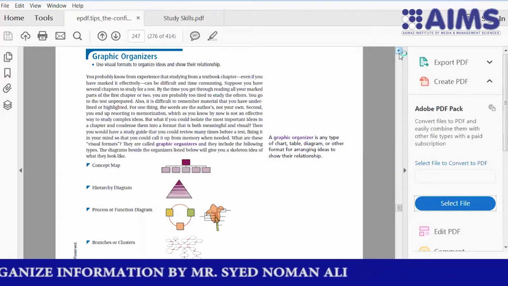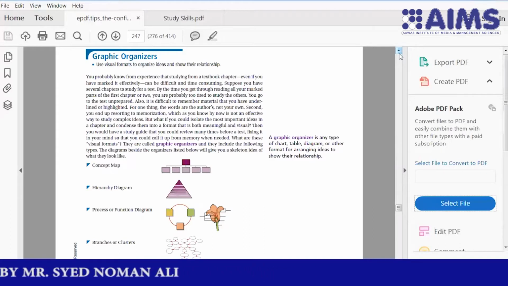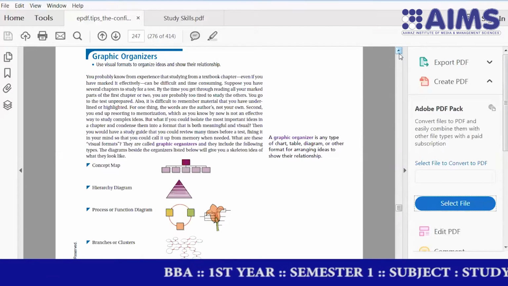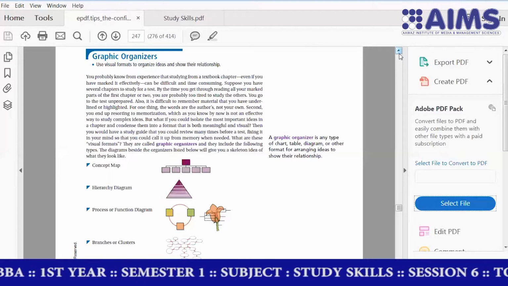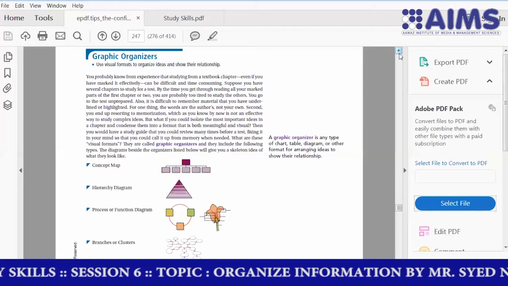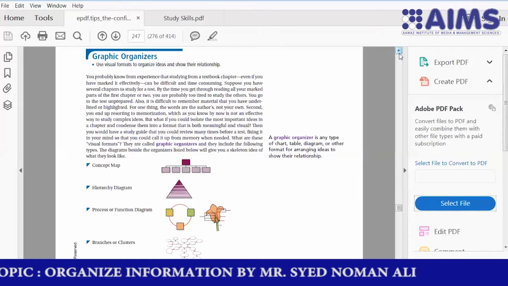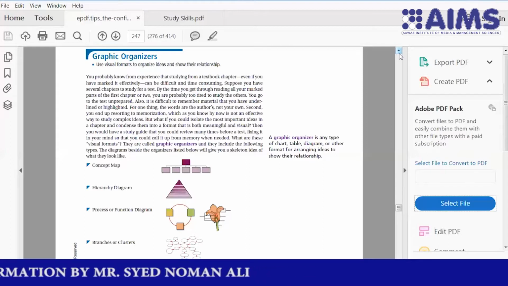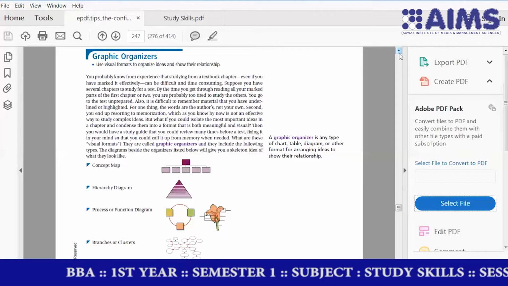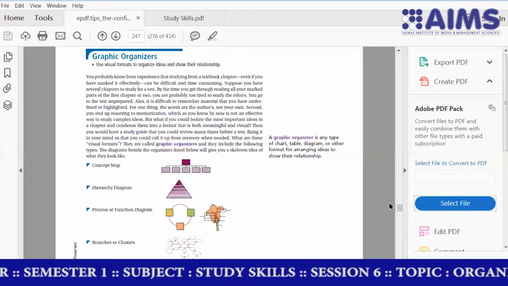These are some forms of graphically presenting data: concept map, tabular chart, hierarchy diagram from top to bottom and bottom to top, and the process or function diagram, which is very helpful when you would like to elaborate different parts of anything, like a flower. The fourth one is the branches or cluster map, just like a mind map.